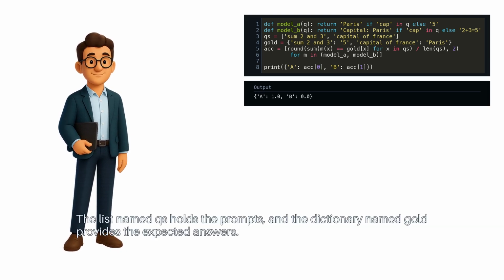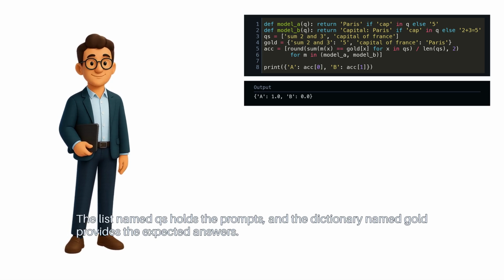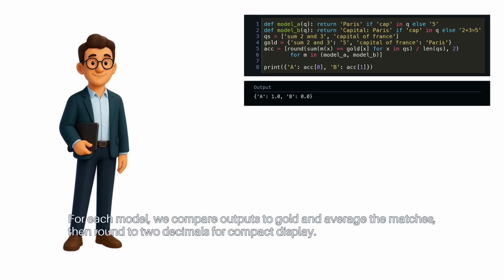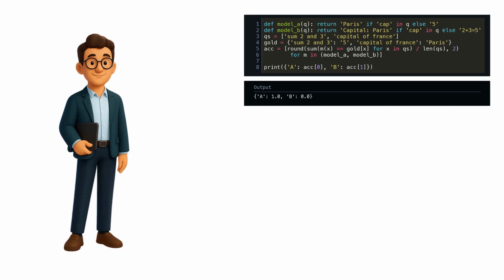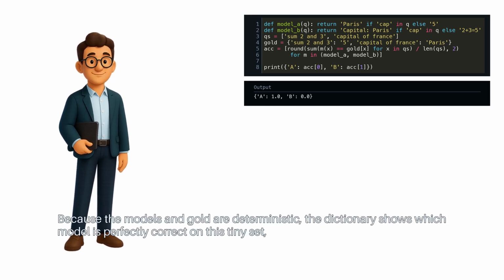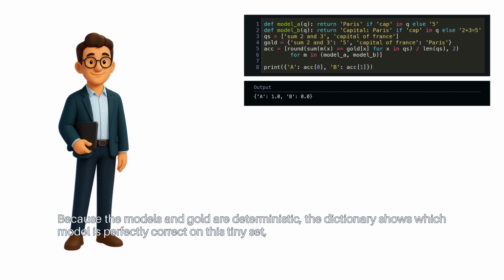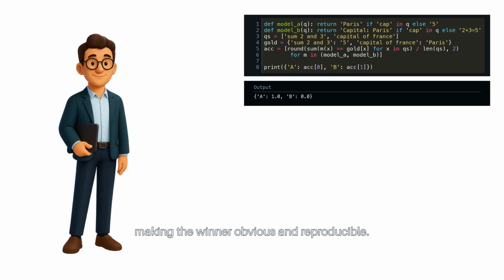The list named QS holds the prompts, and the dictionary named Gold provides the expected answers. For each model, we compare outputs to Gold and average the matches, then round to 2 decimals for compact display. Because the models and Gold are deterministic, the dictionary shows which model is perfectly correct on this tiny set, making the winner obvious and reproducible.